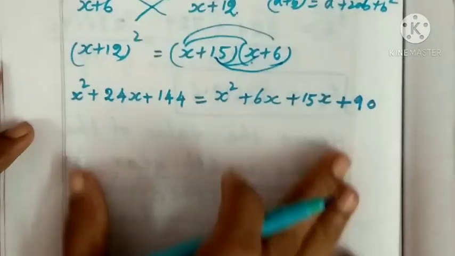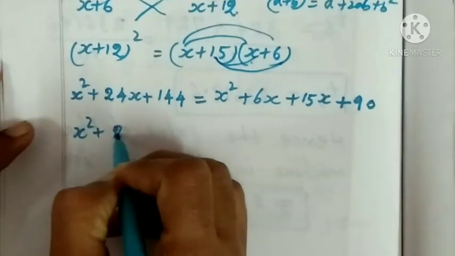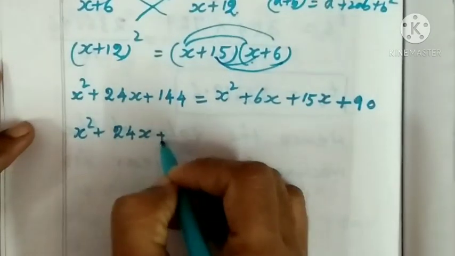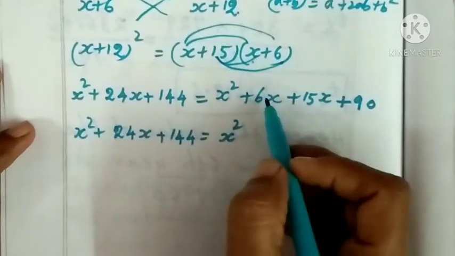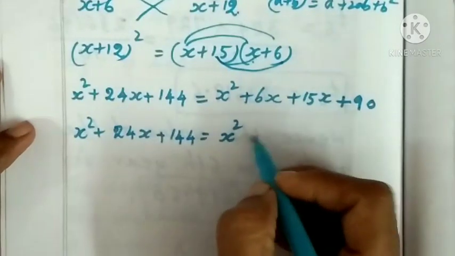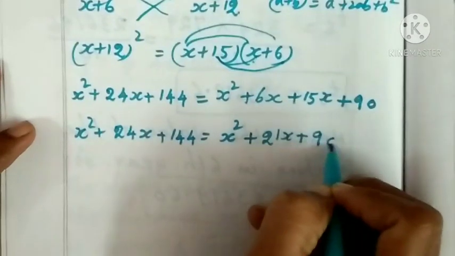Now simplifying, we get x squared plus 24x plus 144 is equal to x squared plus 6x plus 15x, we have plus 21x plus 90.